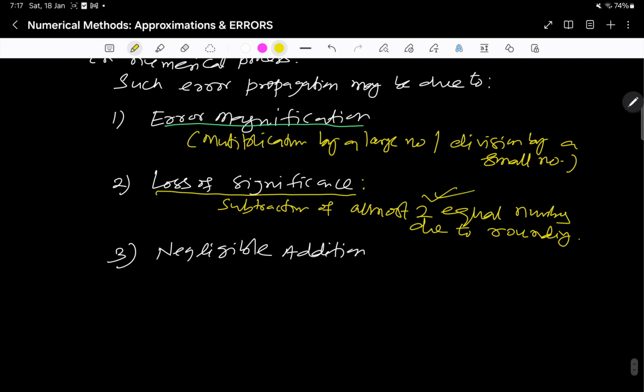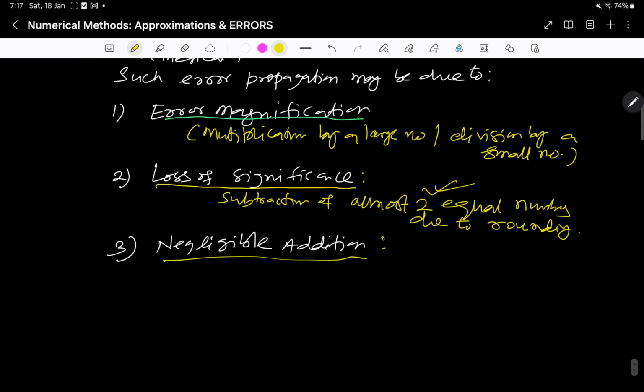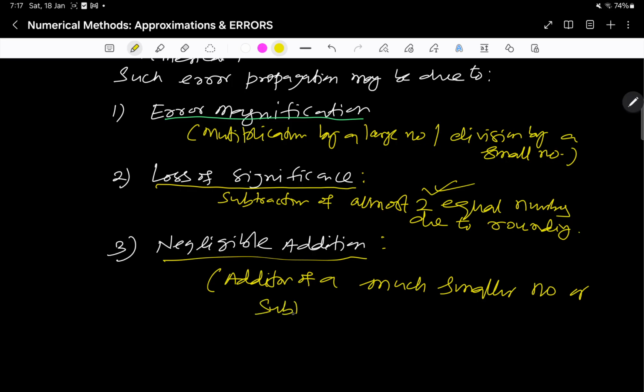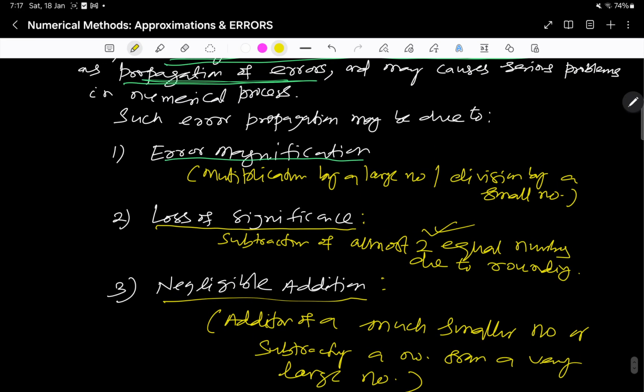And negligible addition, which means adding a very small number, or addition of a much smaller number, or subtracting a number from a very large number, as we did in this example, b square minus 4ac. So the propagation of error may be due to these aspects.